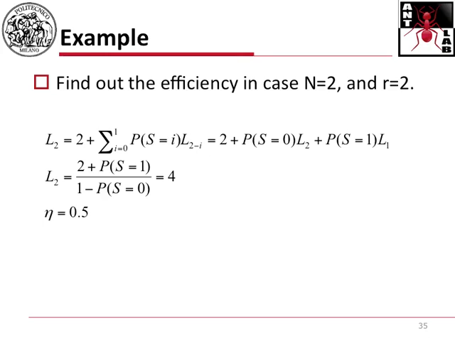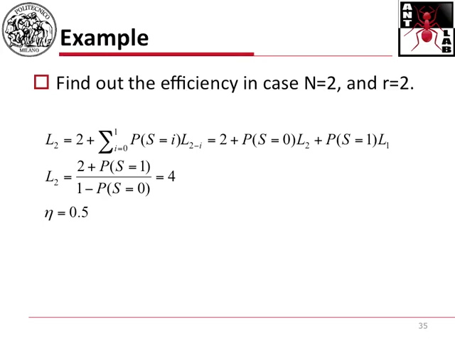In this setting, it's impossible that only one tag is correctly received, because either both tags are received, so one chooses slot 1, the other one slot 2, and vice versa, or 0 tags are resolved, so they both choose the same slot, either slot 1 or slot 2. So this P of S equal to 1 there is 0.